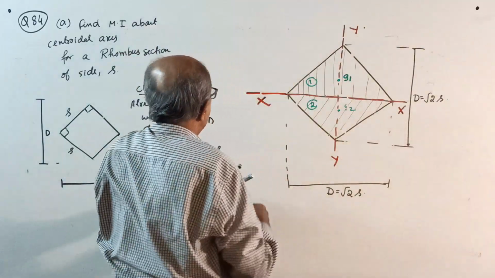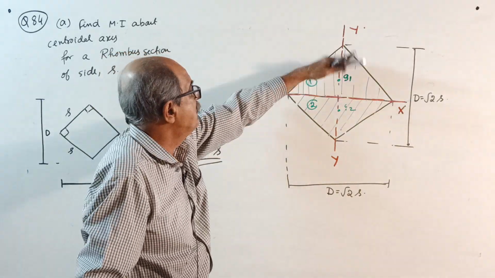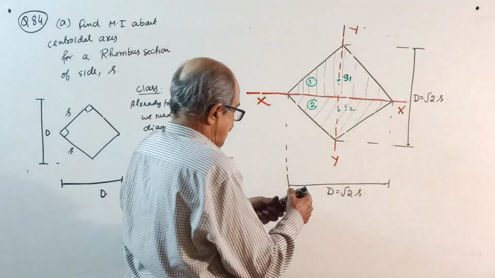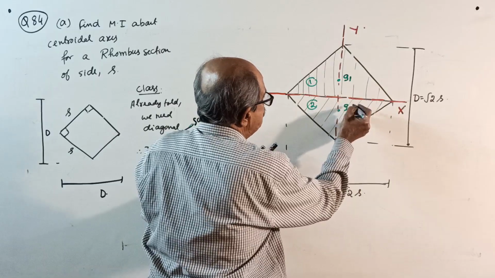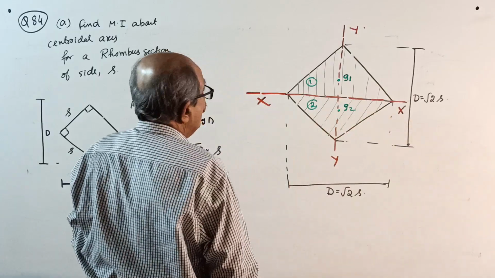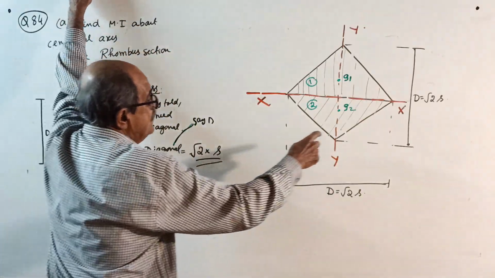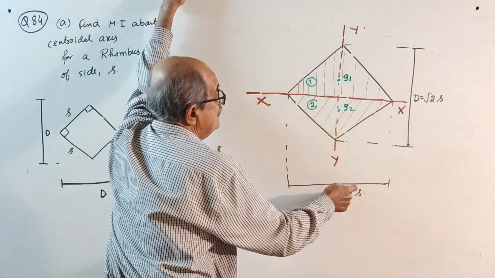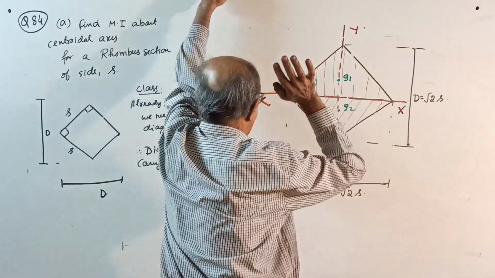First of all, make a note, divide into two parts, one upper side, one lower side. Upper side I will take 1, lower side I will take 2. This is G2. Okay, write all this. Now see, the diagonal is root 2s. Side s is not required.